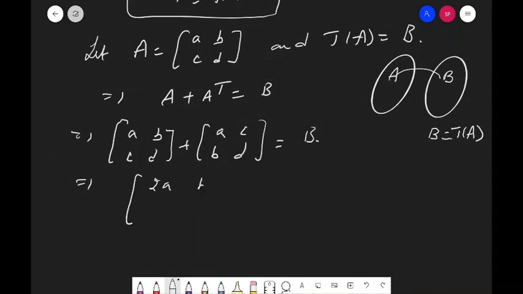It is nothing but [2a, b plus c; b plus c, 2d] is equal to B.